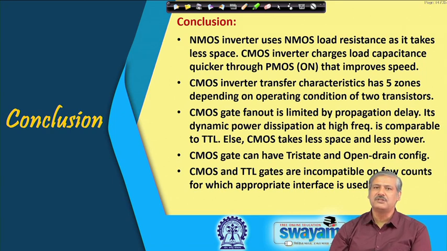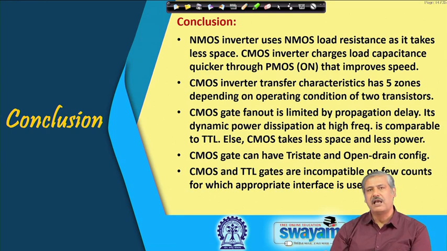The fan out is not limited by the amount of current, but by the amount of propagation delay we can tolerate, because the more such gates are connected, the more such capacitances will come in parallel. Dynamic power dissipation is an important consideration, and it becomes comparable at higher frequency.